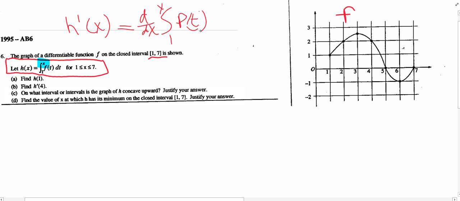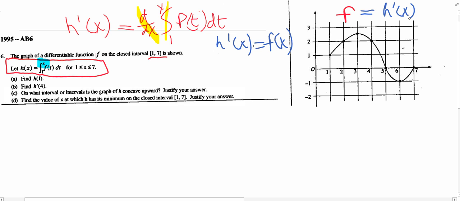Well, if you think about it, the derivative and the integral are opposite operations in calculus, so that kind of cancels out, and it leaves you with the fact that the first derivative of h is just equal to f of x. So this graph f is also equal to the derivative of h. So that's maybe a helpful thing to write down over there.